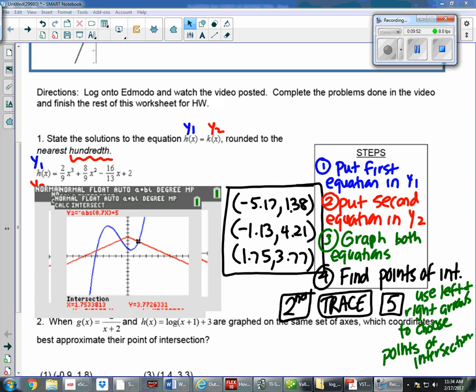Finish copying that, and we'll do one more example together.